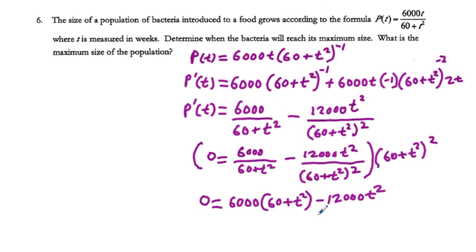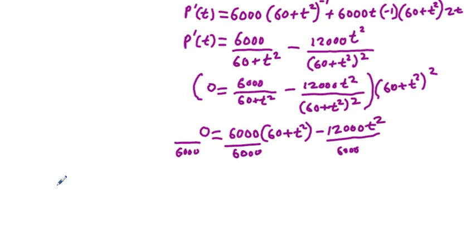Next, we can divide this whole equation by 6,000, and we end up with 60 plus t squared, and minus 12,000 divided by 6,000 is 2 t squared.